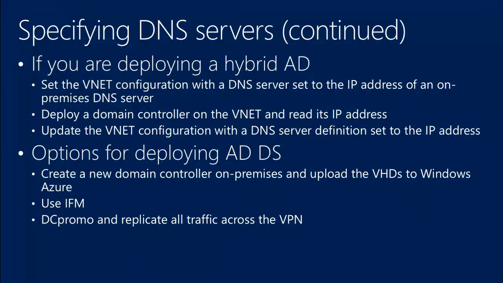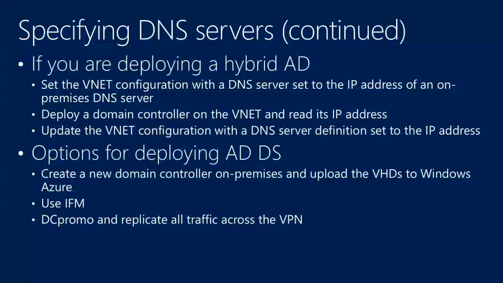Options for deploying AD itself. Well, if it's just for your cloud, so it's in cloud only, that's easy. It's a DC promo. If you're working with on premises, then you could do an install from media. You could install a DC on a virtual machine on premises, and then upload the VHDs.